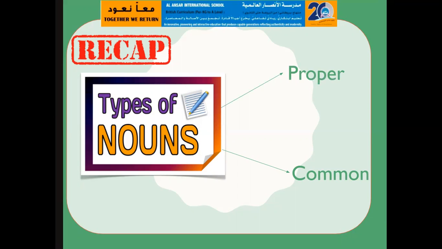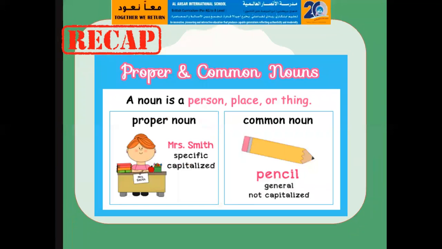There are 2 types of nouns. You get proper nouns and common nouns. A noun is the name of a person, a place, or a thing. An example of a proper noun would be Mrs. Smith.